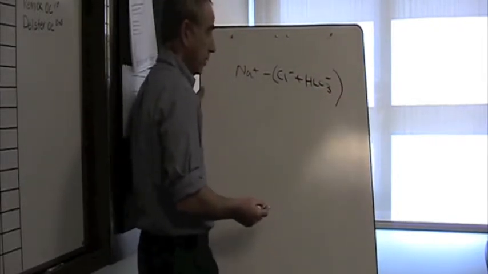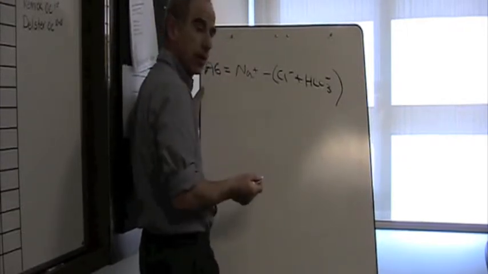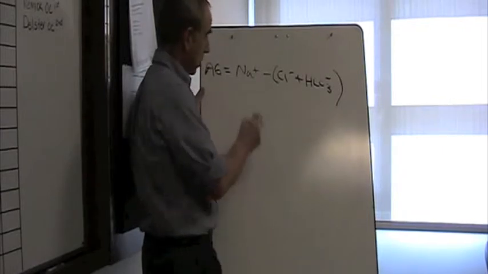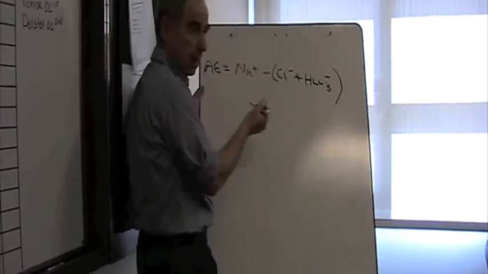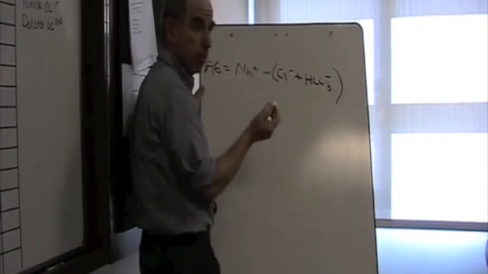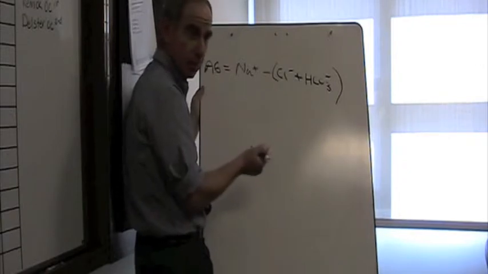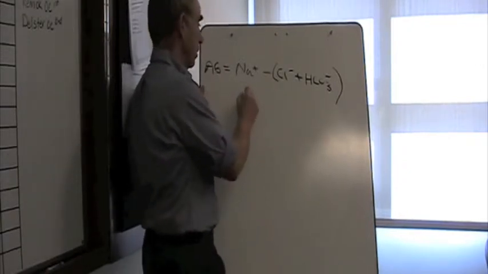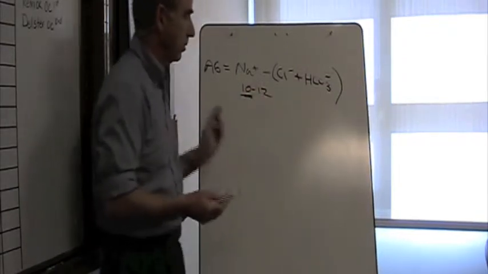So what is a normal gap? 10 to 12. It's probably closer to 10 in reality, but for your boards, always use 12, because they always use 12 on the boards for this.